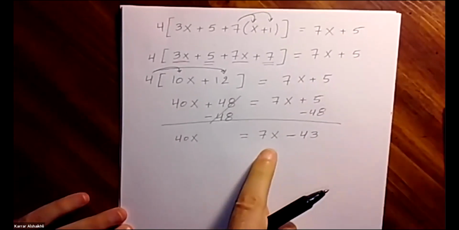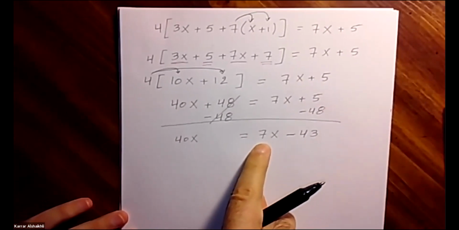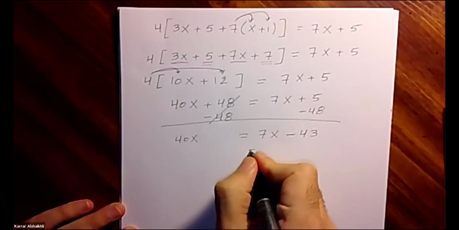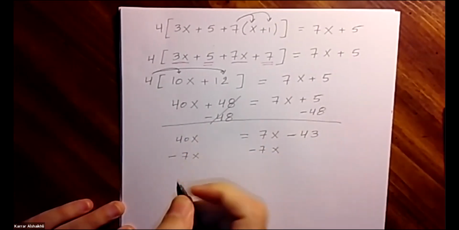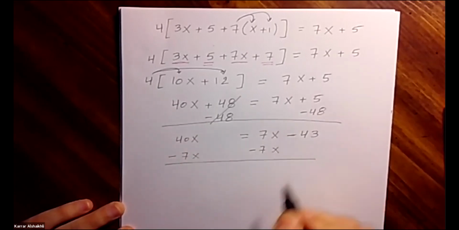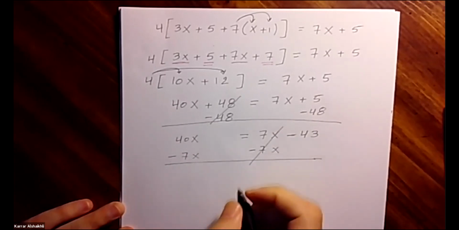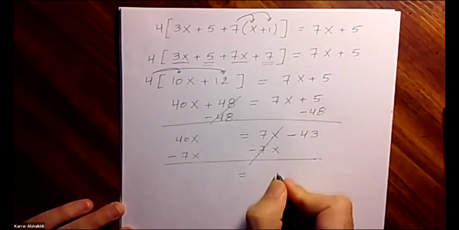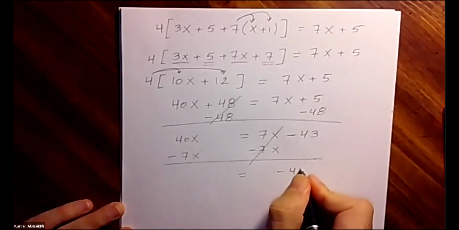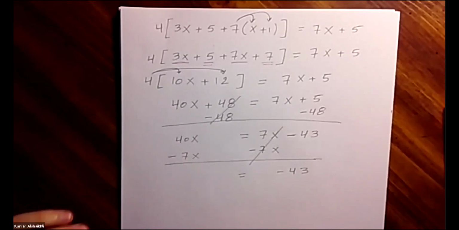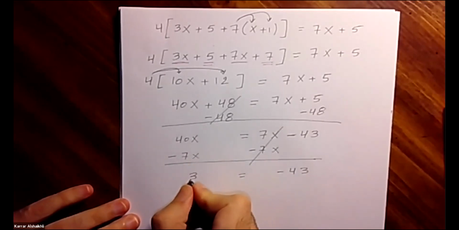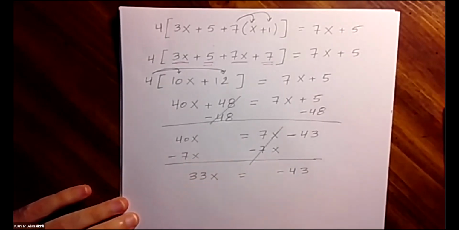Next step, I'm going to move the 7x to the left side. So minus 7x, minus 7x. This is cancelled, 0. The leftover from this side, 40 minus 7 is going to be 33. So 33x equal negative 43.